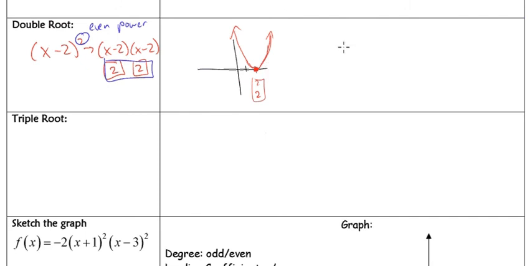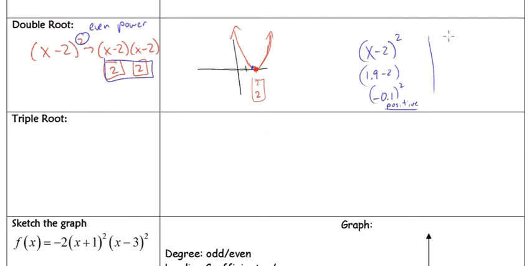And here's briefly an explanation as to why. If we had x minus 2 squared, some numbers just to the left of that root, like 1.9. If we plug those in, 1.9 minus 2, that would be negative 0.1, and then square it, our result would be a positive 0.01, right? It would be positive, so it's going to be above our x-axis.